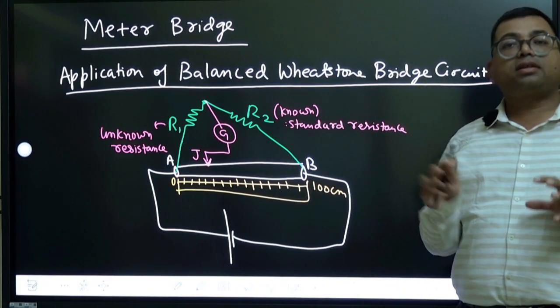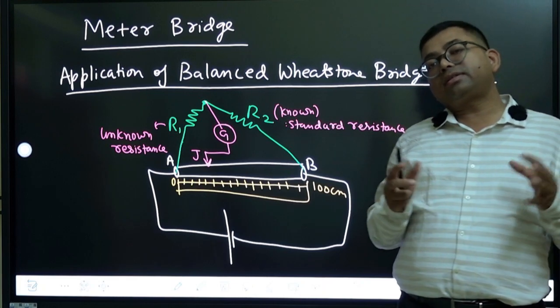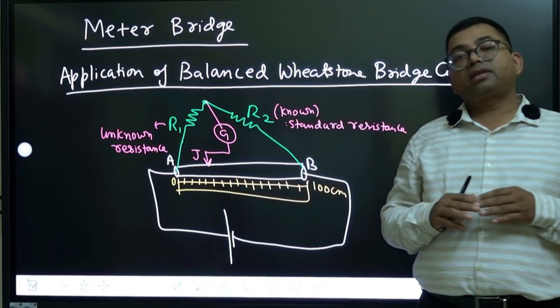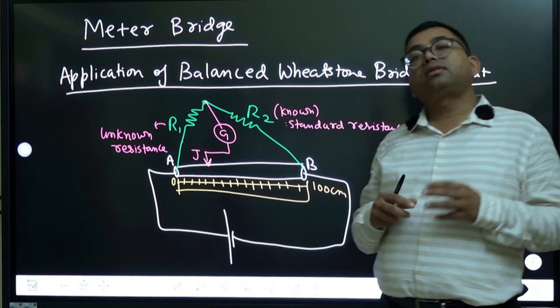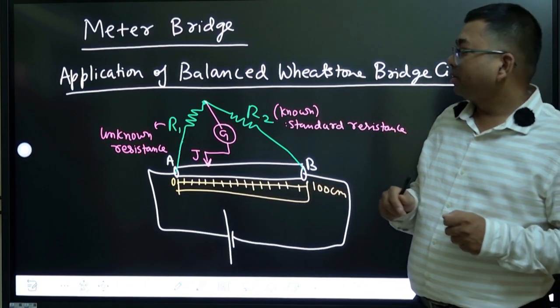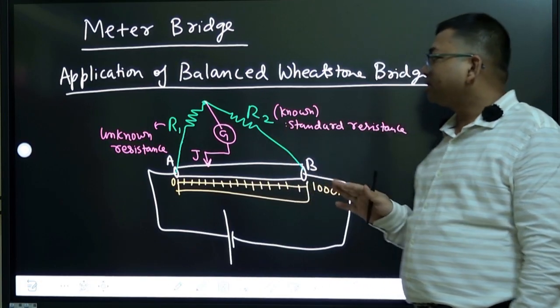So the meter bridge circuit is a topic of practical physics. Okay, so there are complicated diagrams, we are not going into that, but a simple diagram we are taking. In practical physics they have a complicated diagram, in the laboratory you have to make it, because the actual circuit and all those things will come. But here this is a simple diagram.